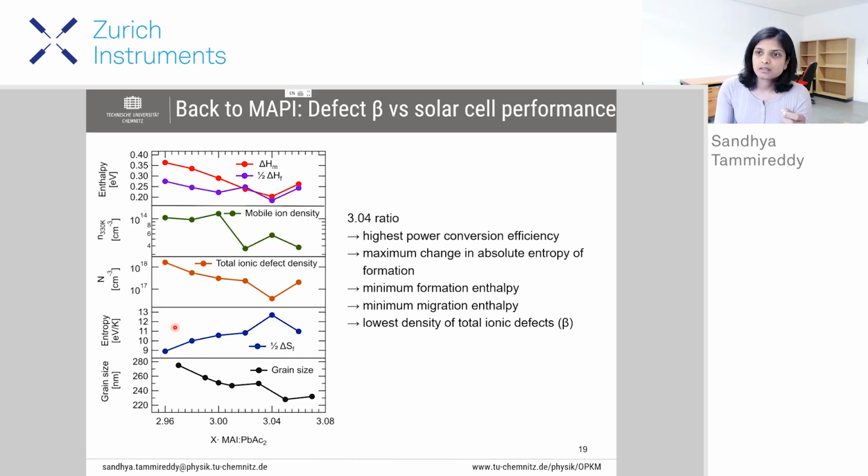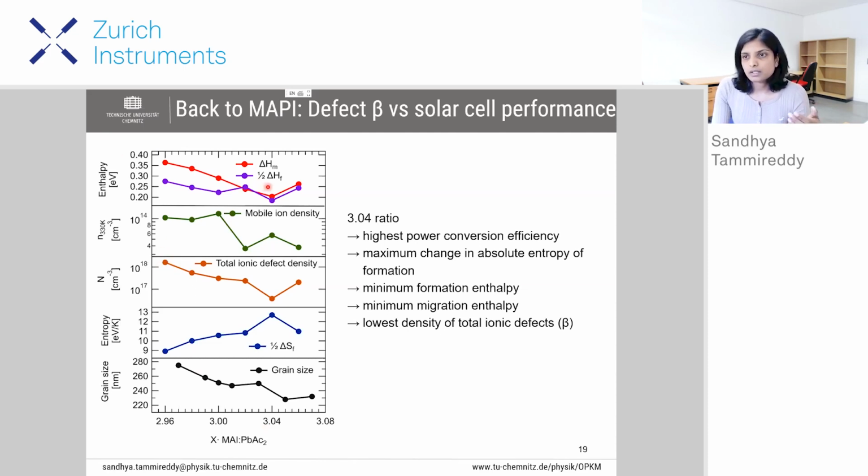That indicates that your defects are migrating at the boundaries. However, what we cannot answer is where the defects are forming, because we varied the grain size as a consequence of varying the stoichiometry. So we are also intentionally inducing the defects. So we cannot say where the defects are forming, but they seem to migrate at the boundaries.